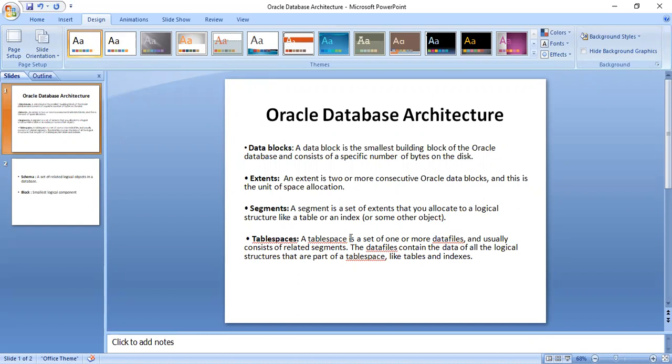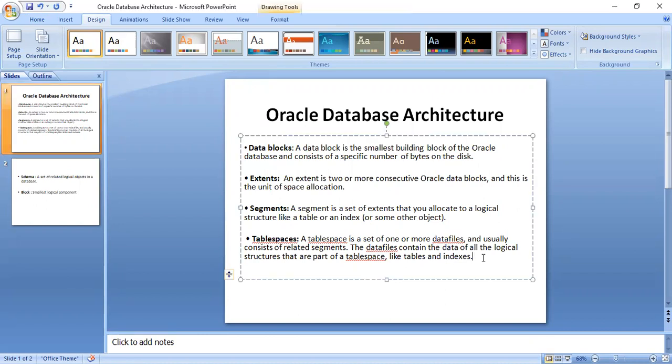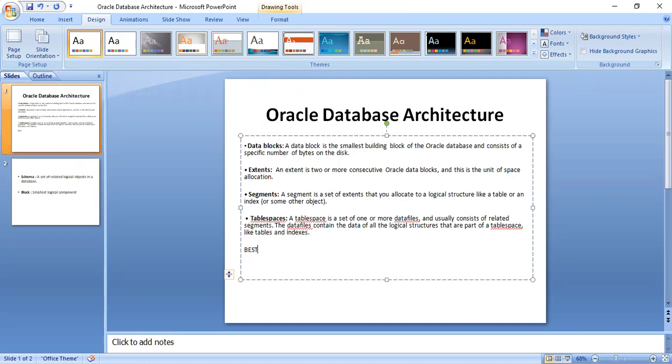To understand this easily, Srikanth, you can share a day-wise syllabus and content, so that I can understand easily. Actually, right now I am not having any syllabus.